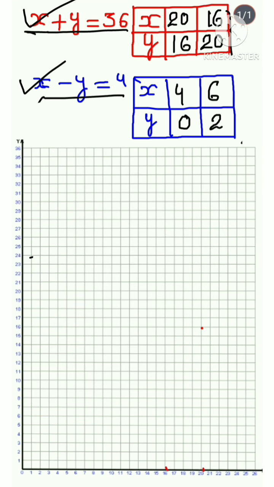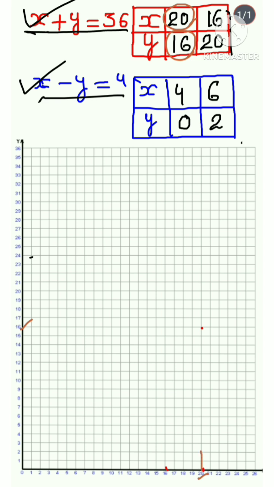Okay, firstly from the first equation, the first value of x is 20, over here, and the first value of y is 16, 16 over here.